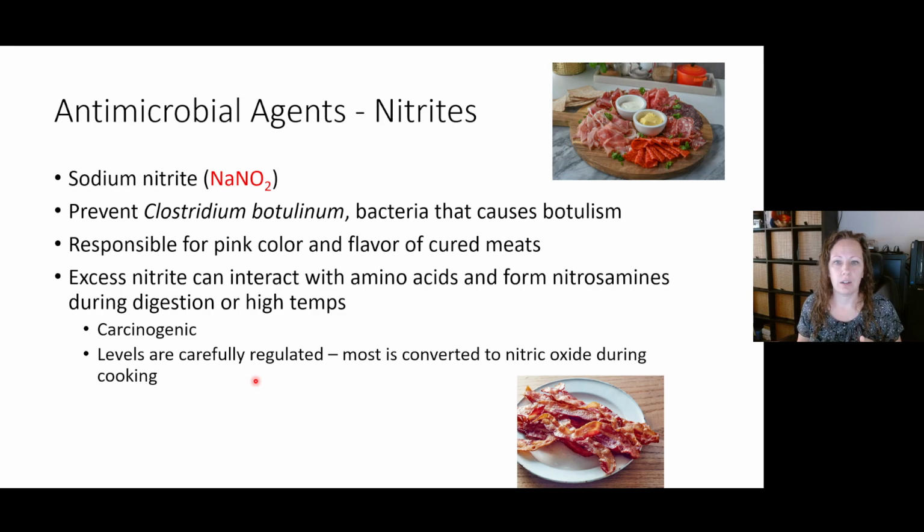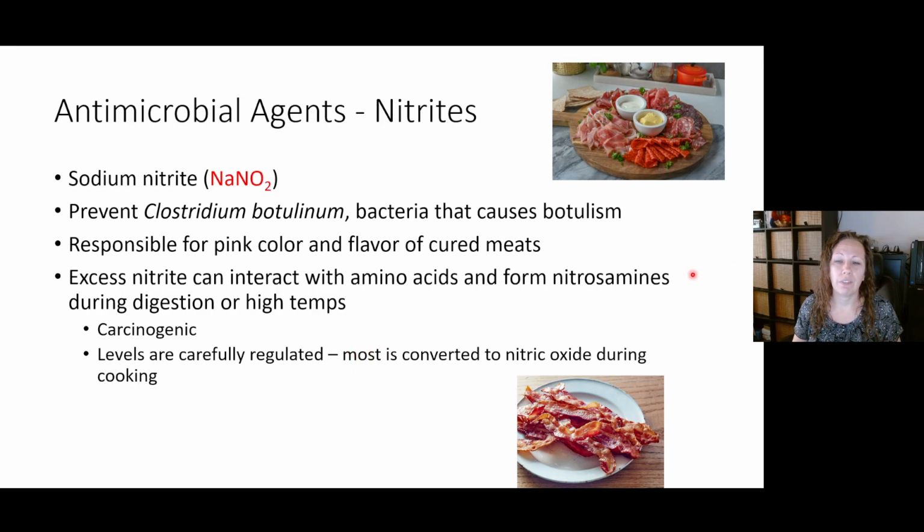Well, bacon is the lowest, and it is heated to the lowest temperatures in processing, right? It's actually not cooked. But in the home or in the restaurant, it's cooked to a very high temperature. So bacon has the highest likelihood of forming nitrosamines, because high temperature causes nitrosamine formation if there's excess nitrite.